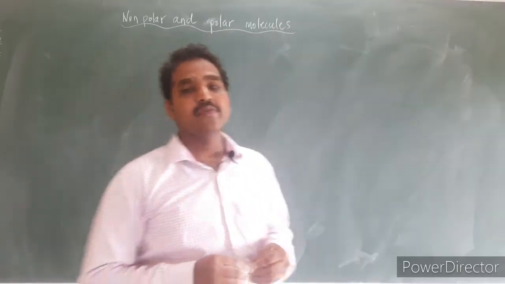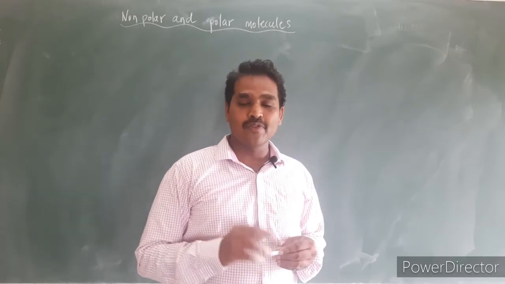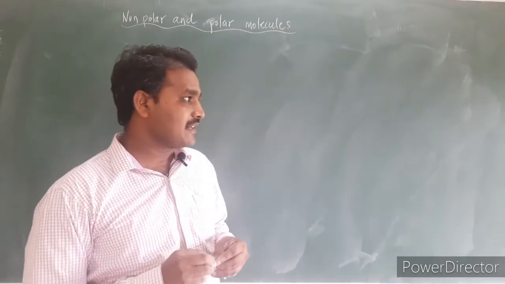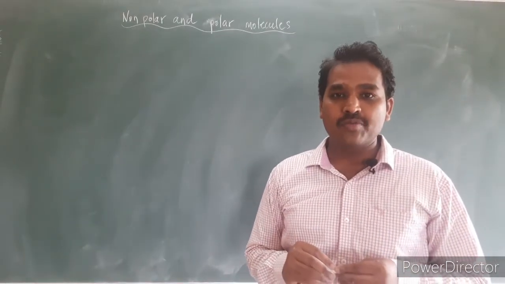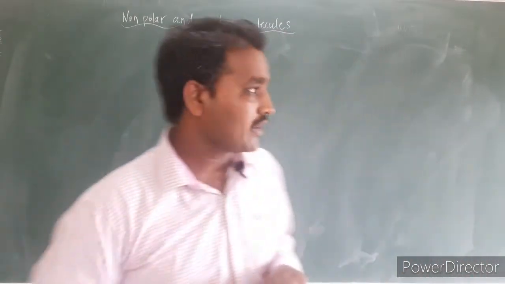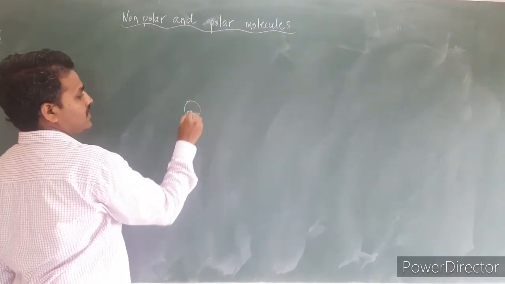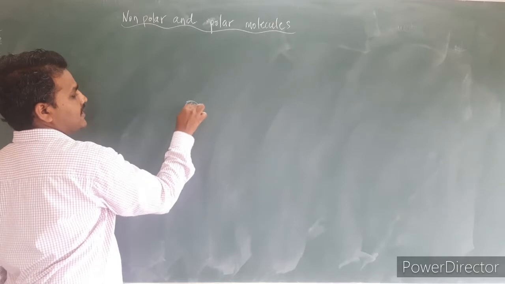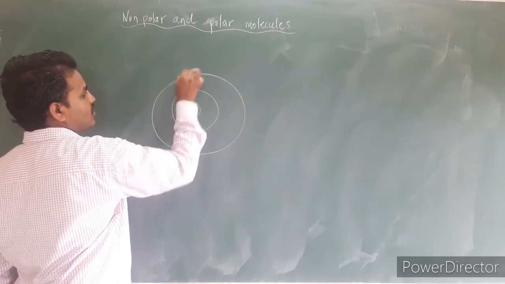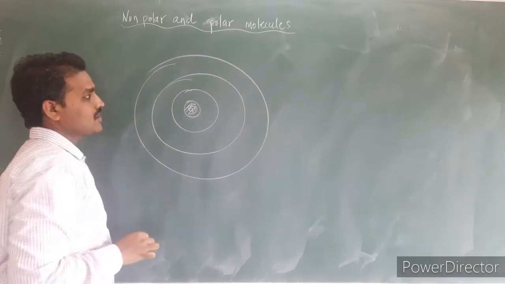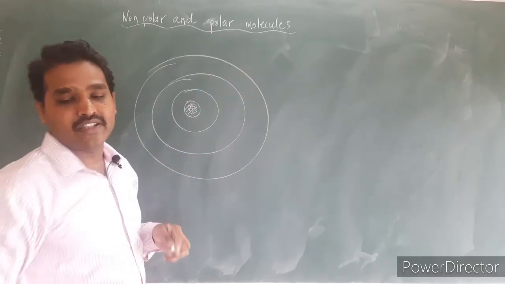Next we have the concept of polar and non-polar dielectrics. Before going to that, first let us understand the meaning of polar molecules and non-polar molecules. We know any atom is made up of a nucleus at the center with a certain number of protons, and around this nucleus we have electrons distributed in different orbits depending on their energies.